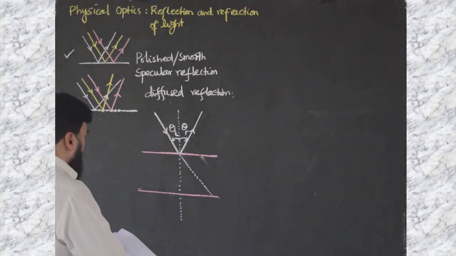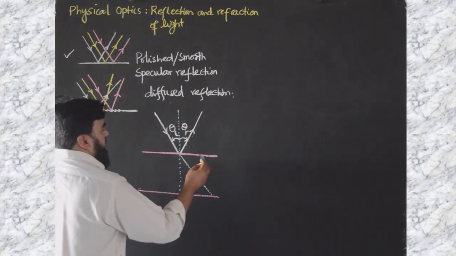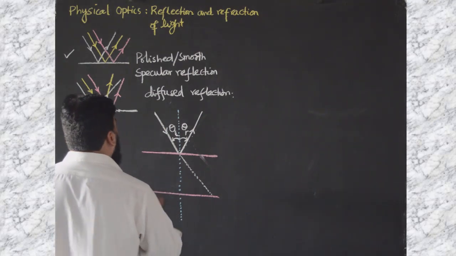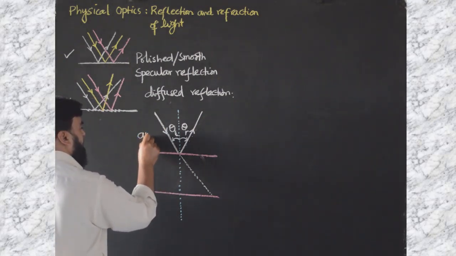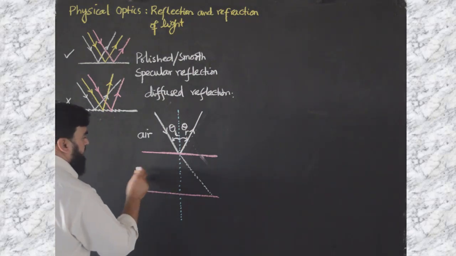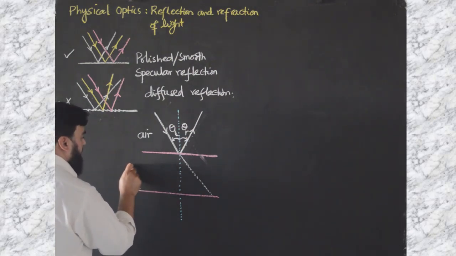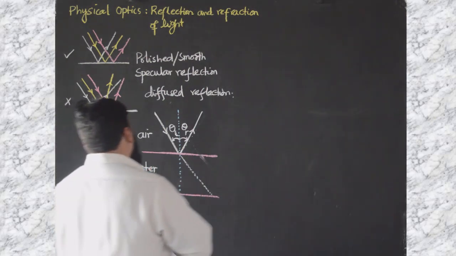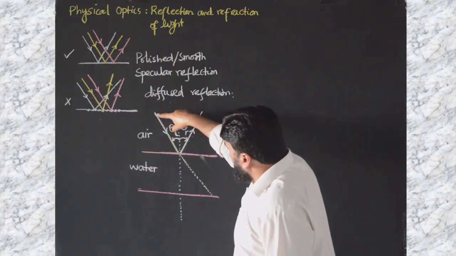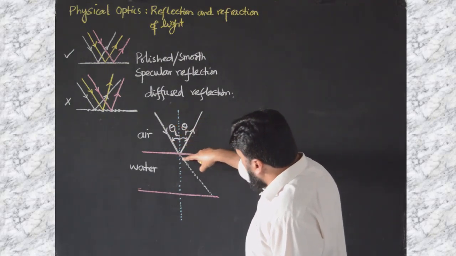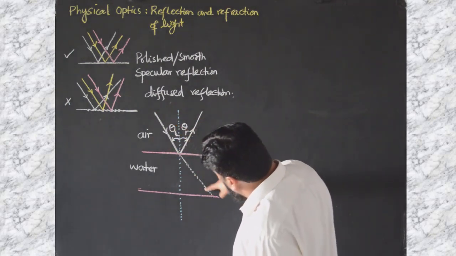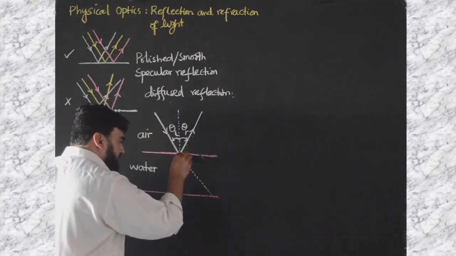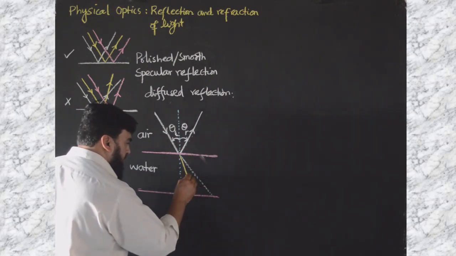But we observe that when we have another medium, let's say this medium is air and this one is glass, or let's say water, the light ray comes in from air and was supposed to go in a straight line, but this doesn't happen, and the light ray actually bends.